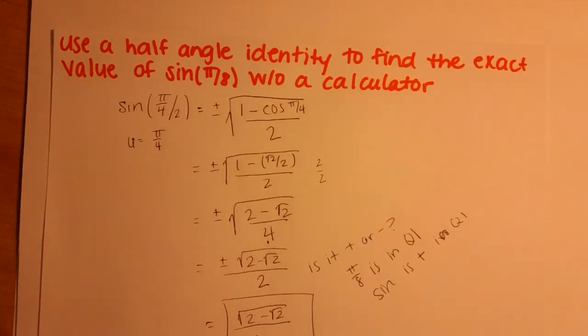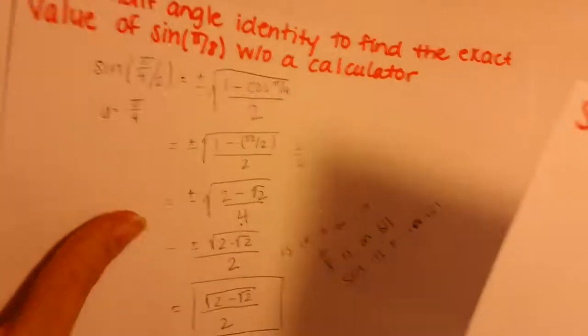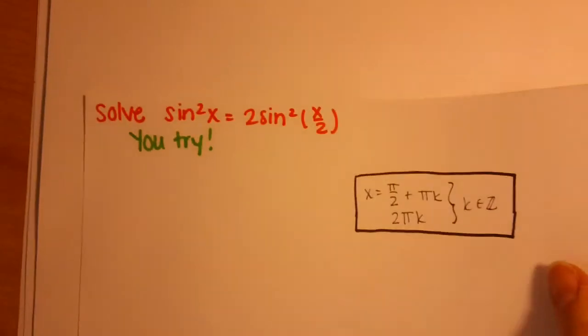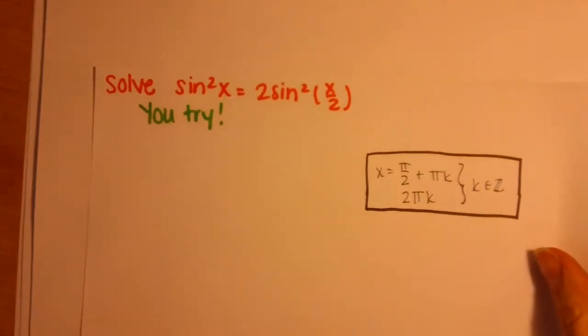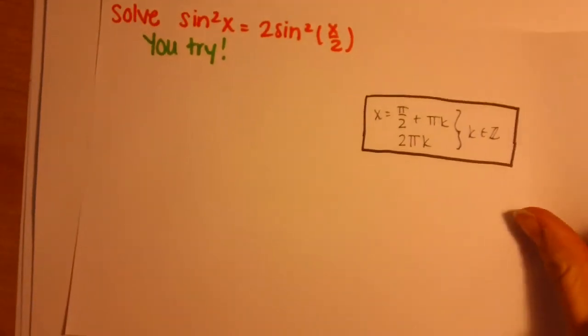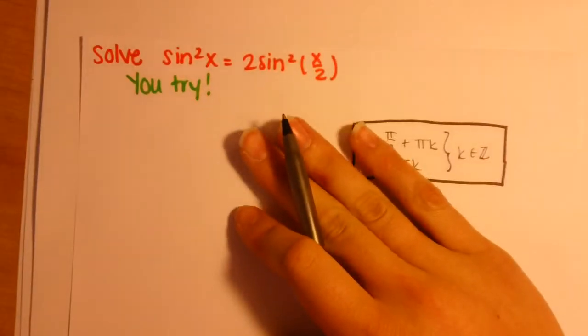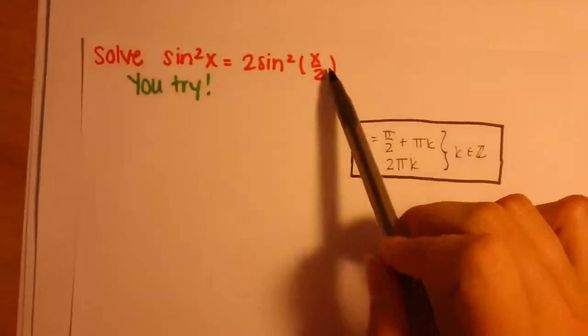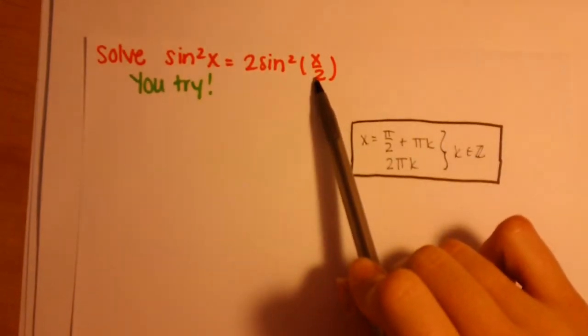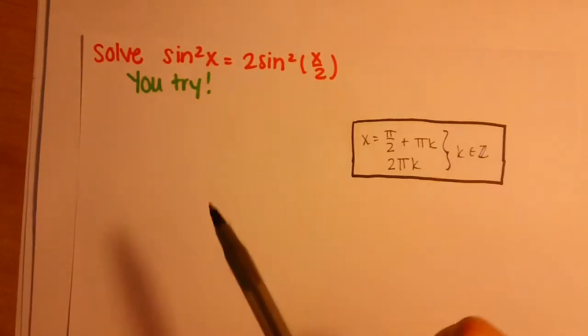Okay? So now I have one for you to try. We have sine squared of x minus 2 sine squared of x over 2. And this is where you're going to use your half angle identity.